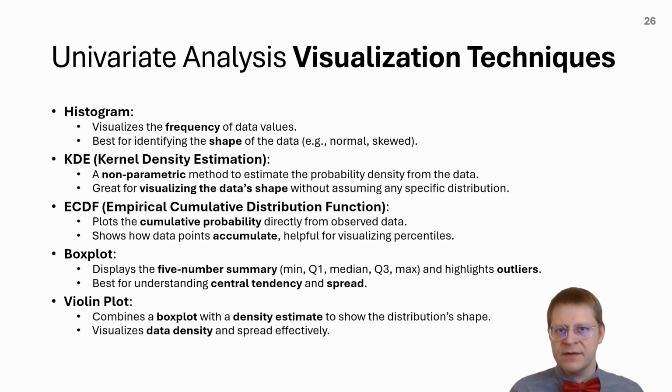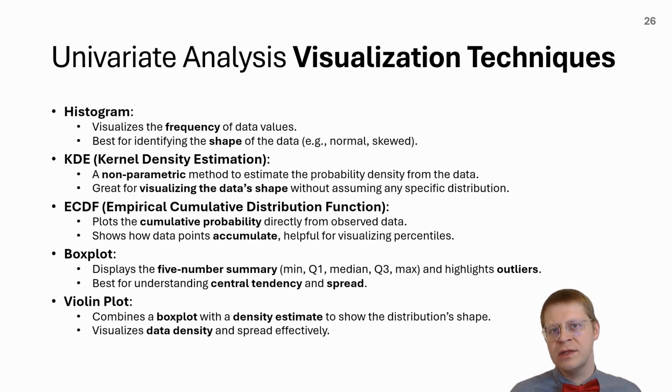To effectively explore a single variable, we have a range of visualization techniques to use. Histograms allow us to see frequency distributions clearly. Kernel density estimation smooths out the noise to give us a continuous view of data density. Empirical cumulative distribution function, or ECDF, plots help us understand cumulative distribution and percentiles.